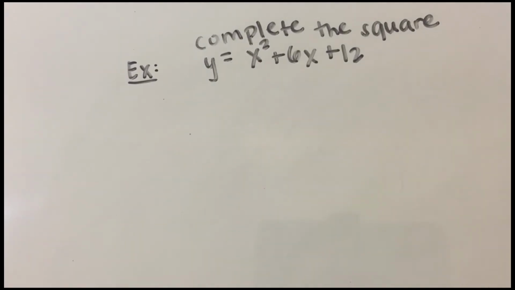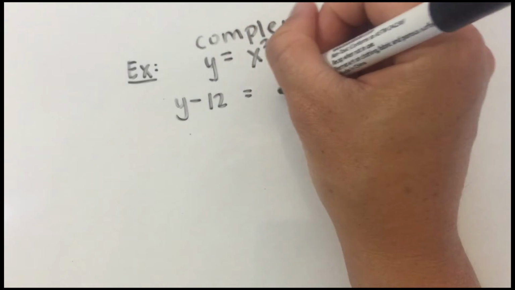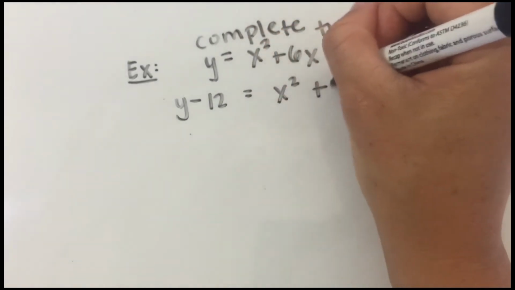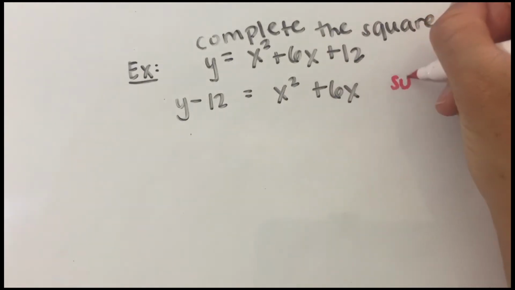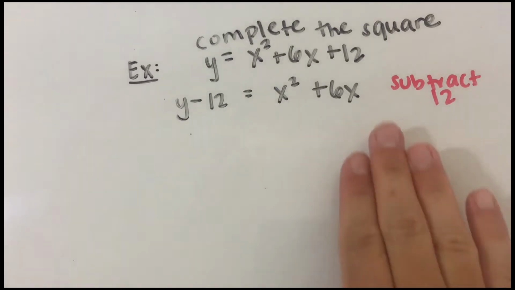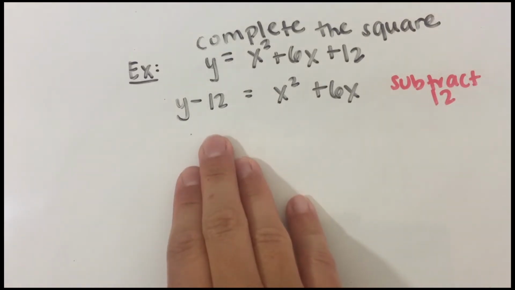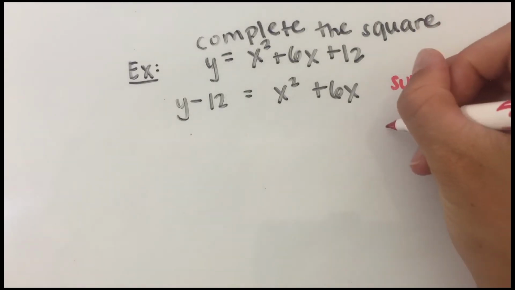So my first step is to subtract 12 from each side. So I will get y minus 12 equals x squared plus 6x. And this is because our first step is to make sure that we move the constant over to the other side.